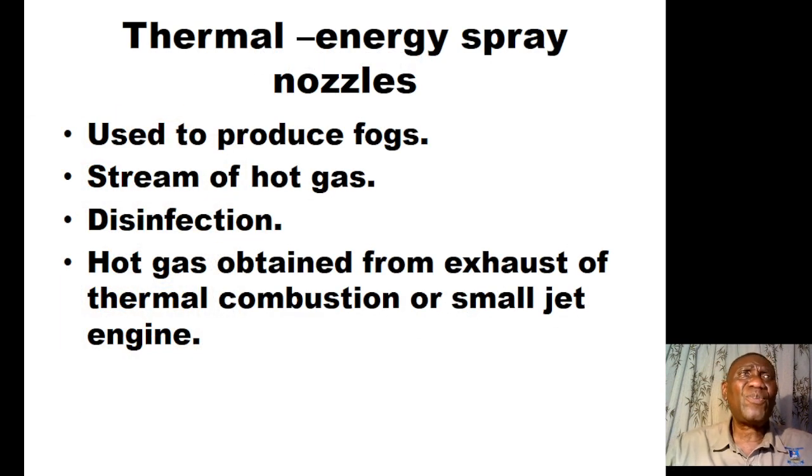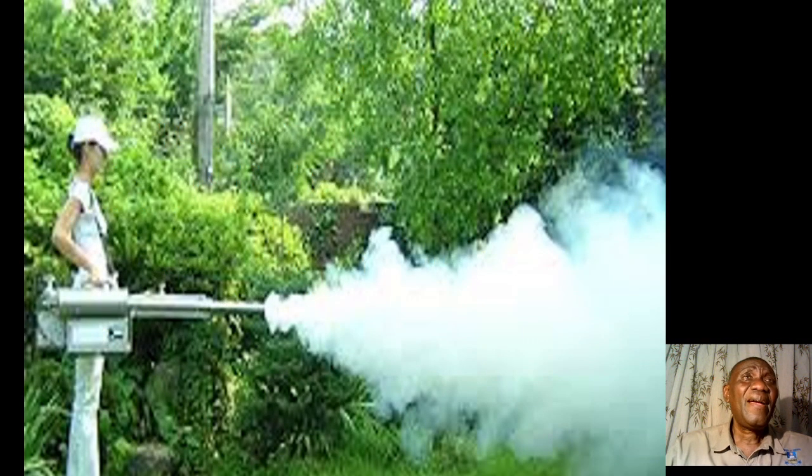It is used to produce fogs, a stream of hot gas which comes from the engine. This is for disinfection, hot gas obtained from exhaust of thermal combustion or small jet engine. You can see the mist blower producing that smoke.